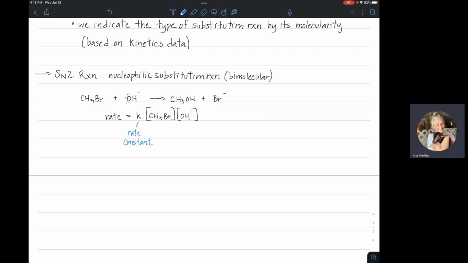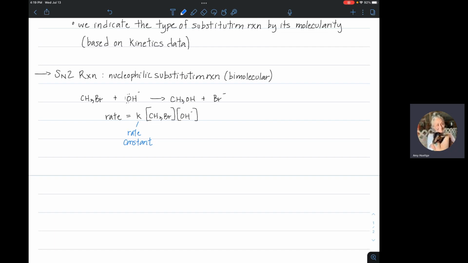The magnitude of the rate constant speaks to the difficulty the reactants have in overcoming the activation energy, that little energy barrier. That is, how hard is it for these reactants to achieve the transition state, which is that state between reactants and products. The larger the rate constant is, the lower the energy barrier, or the lower that activation energy is.